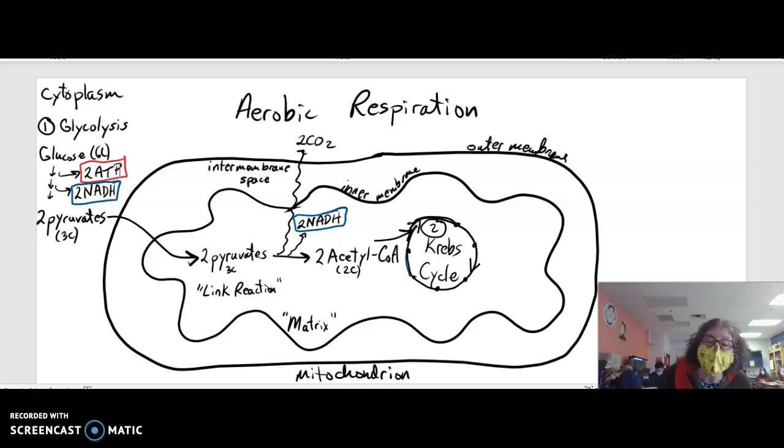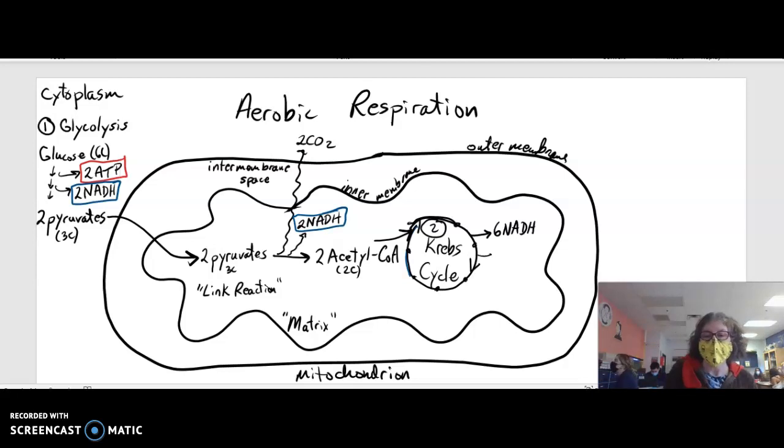Memorizing the names of these molecules that it turns into is not that important, okay? What's more important is that you realize that the Krebs cycle is oxidizing the very last bits of those food molecules, right? And taking those electrons and really reducing quite a lot of electron carriers.